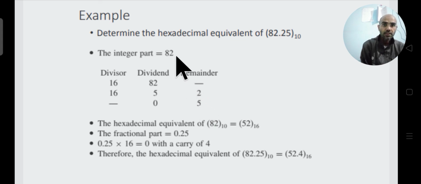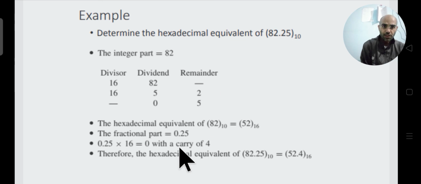Therefore, the hexadecimal equivalent of the integral part 82 will be 52. It should be written in this order, not this order. If you write it in the other order, it will become 25, which will be wrong. The correct answer is 52. So the hexadecimal equivalent of 82 is 52.